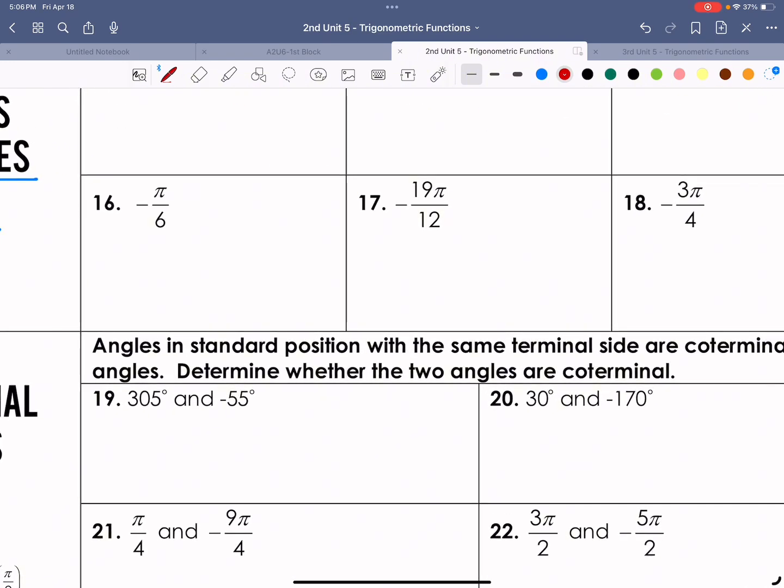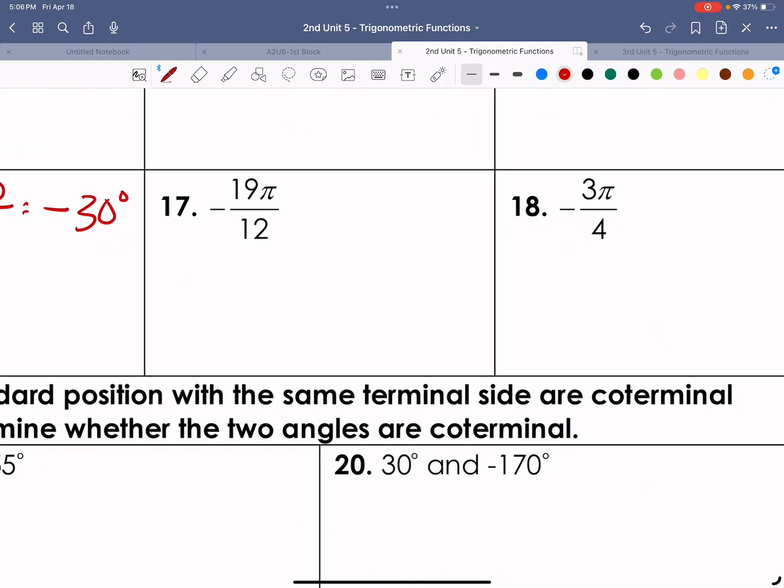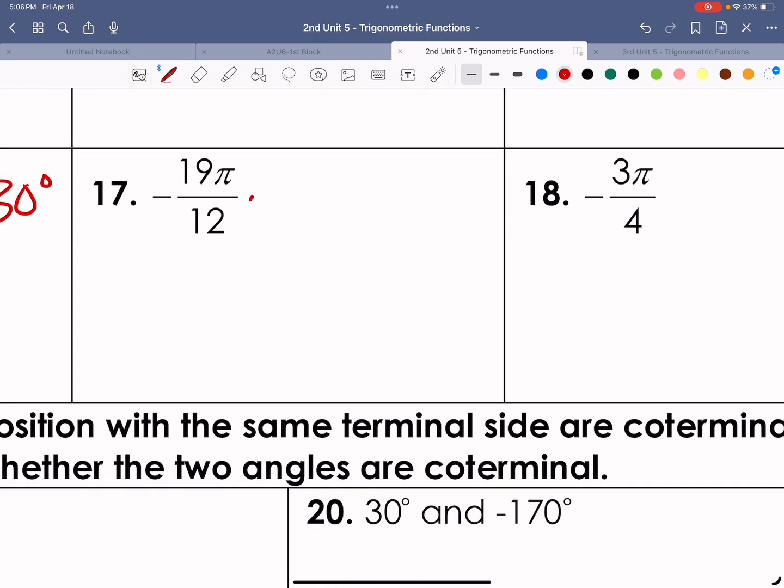All right, here's another one. We're going to take negative pi over 6 and multiply by 180 over pi. The pi's cancel out. We've got negative, and 180 over 6 is 30 degrees. Okay, for number 17, we're going to multiply by 180 over pi, and our pi's will cancel out. 19 times 180 divided by 12 will give you negative 285 degrees.